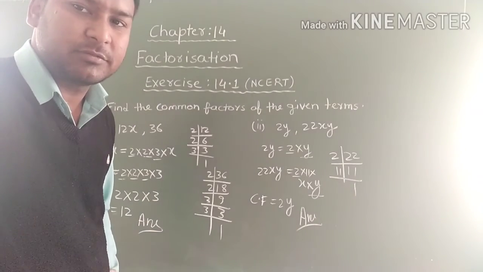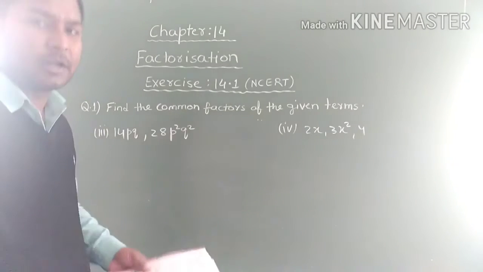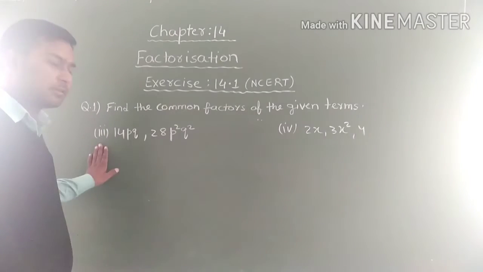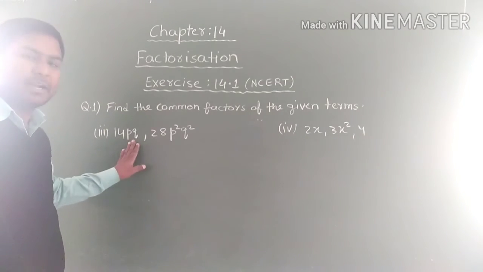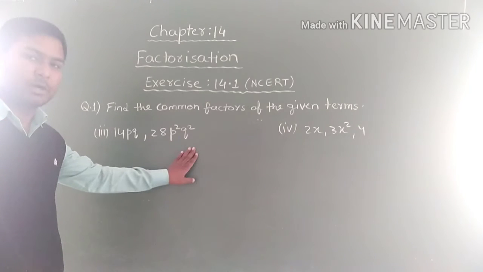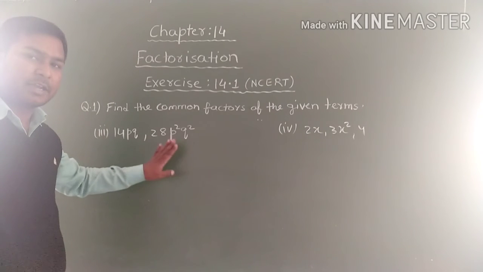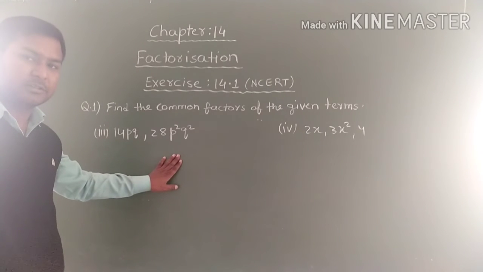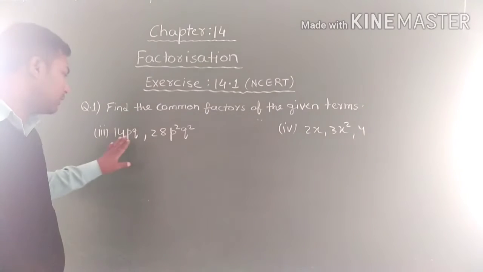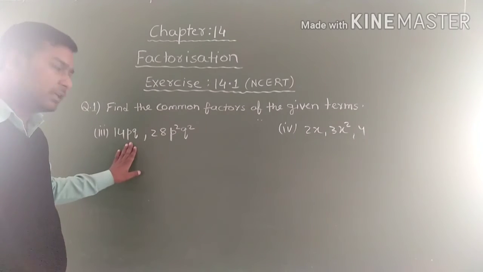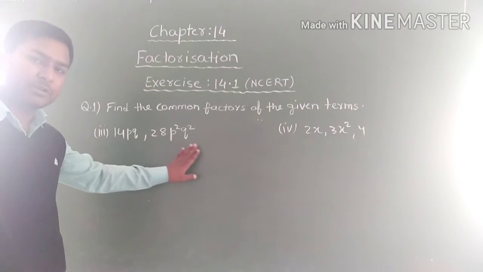Now the next question, question number 3. 14pq and 28p square q square. Again we have to find the common factor. So first of all, we have to find the factors of 14pq, then the factors of 28p square q square.